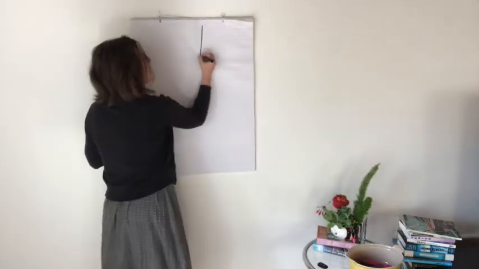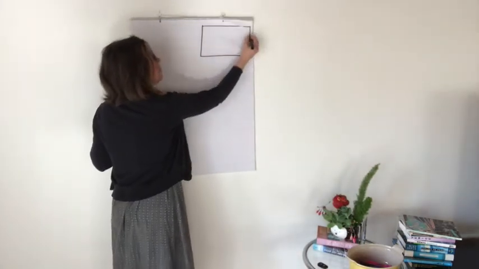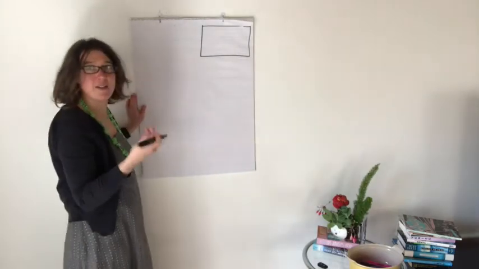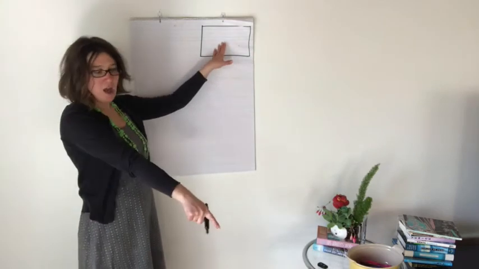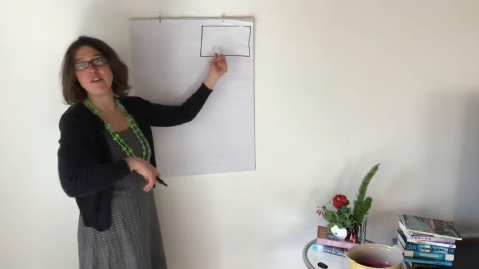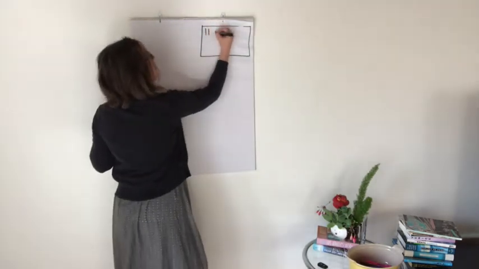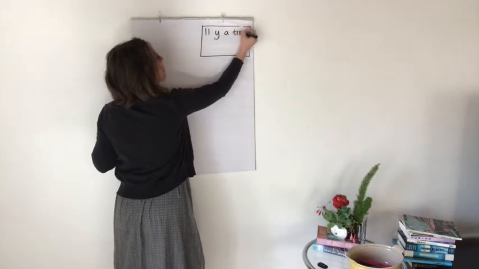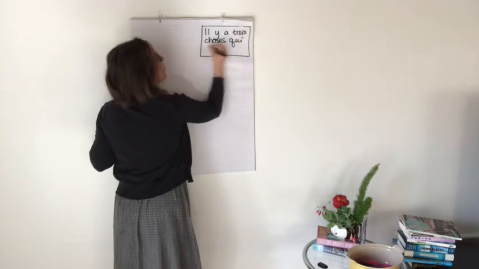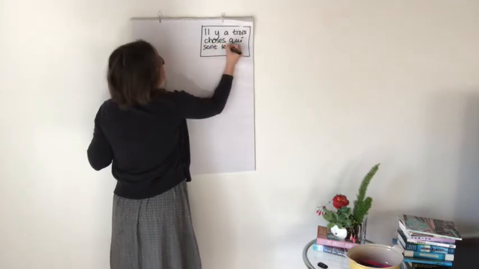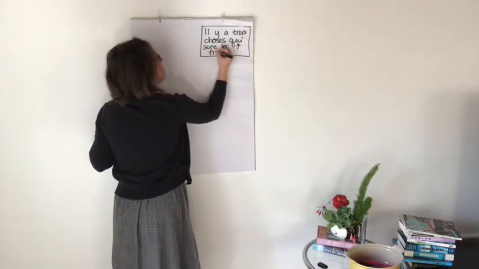First, I'm going to put a goal box up here. And if you've never used a goal box, you might have to take a moment to explain this to your kids. I'm going to put up here that goal, because I want to make sure that I use it while I'm writing. So, il y a 3 choses qui sont les plus françaises.